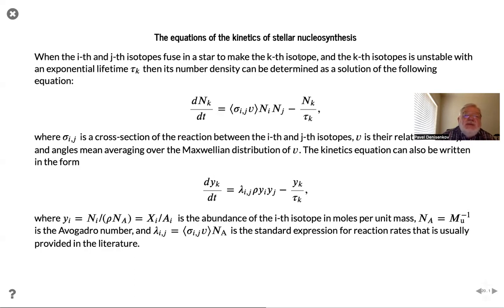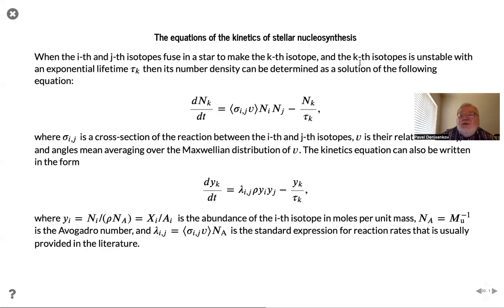Carbon-12 p gamma makes nitrogen-13, for instance. In this case, the i isotope is carbon-12, the j isotope is the proton, hydrogen-1, and the k isotope is nitrogen-13. And let's also assume that the freshly produced k isotope, in my example nitrogen-13, is unstable. Indeed, nitrogen-13 is unstable with a lifetime of about 10 minutes.